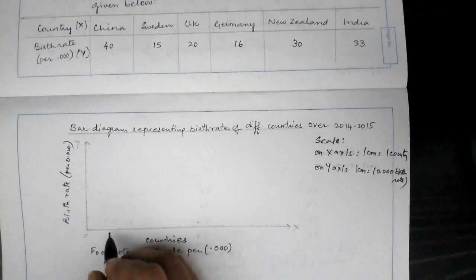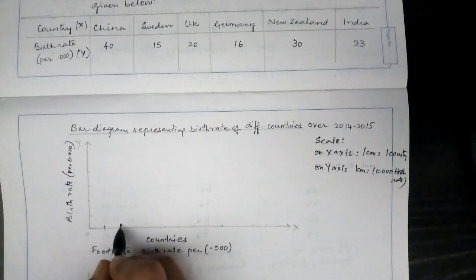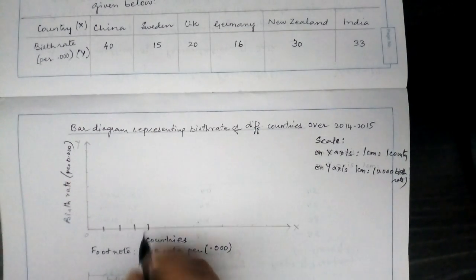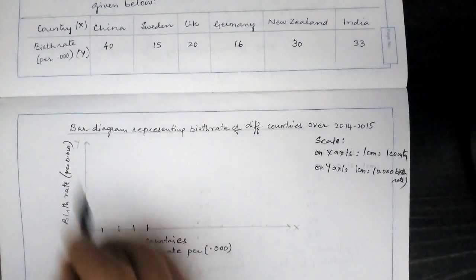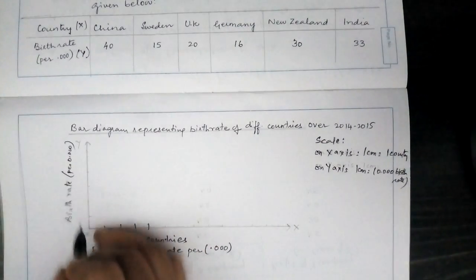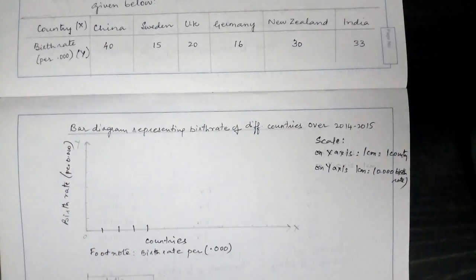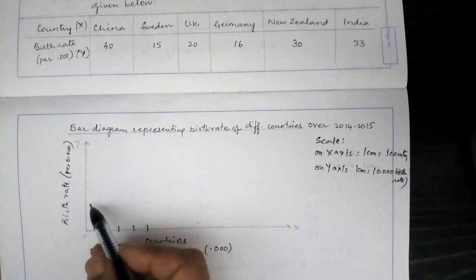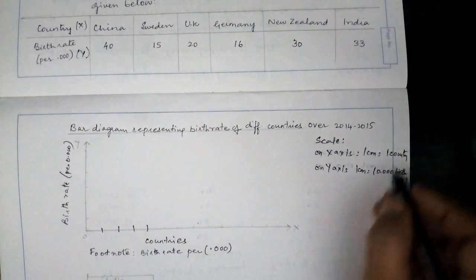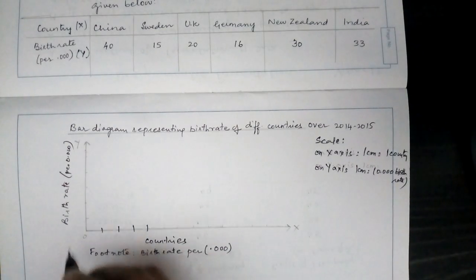So now let's represent the countries on the x-axis. Every 1 centimeter will represent one country. So the first country is China, and on the y-axis we have to represent it. Since it is given 40, 15, 20, 16, 30, 33, I think we can take 10. So 1 centimeter is equal to 10 thousands.